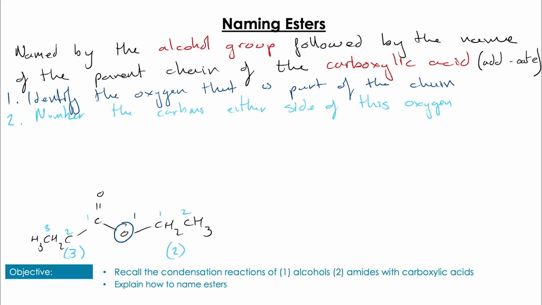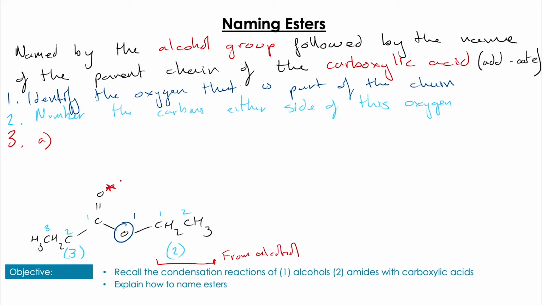So the last step is putting the name together with this information. So we're going to find the alcohol group and the carboxylic acid group. So how do we do this? The easiest way is to use the carbonyl group, the C=O, to identify the side that is the carboxylic acid, because we know the other side of the molecule that doesn't contain the carbonyl group must be from the alcohol.